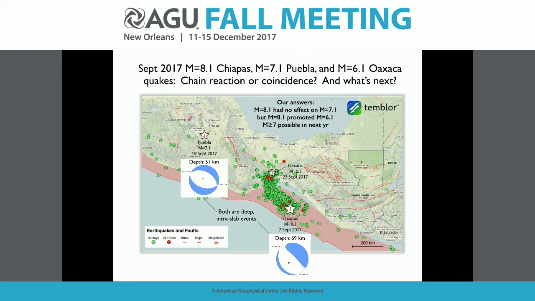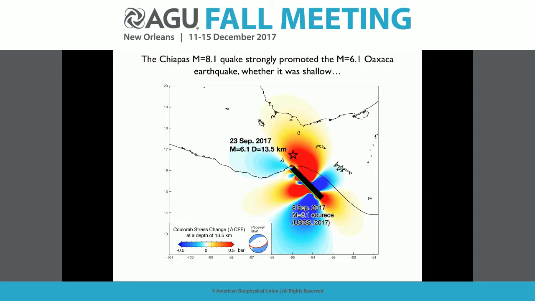Let me show you the Coulomb stress transfer due to the first main shock to the hypocenter of Oaxaca. This is a typical Coulomb map. We resolve the stress onto this nodal plane for the Oaxaca earthquake, if we assume this hypocenter is very shallow, as the USGS determined. And you can see that now the star, the hypocenter, is in the red zone.